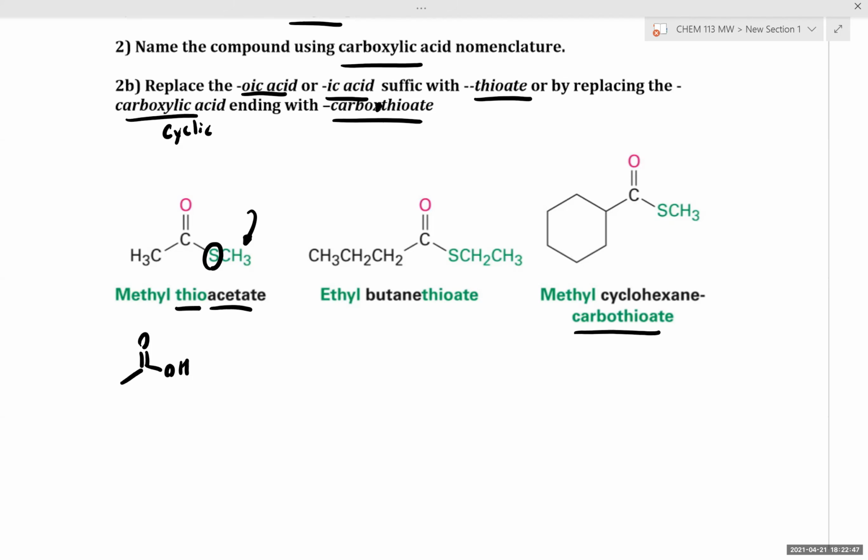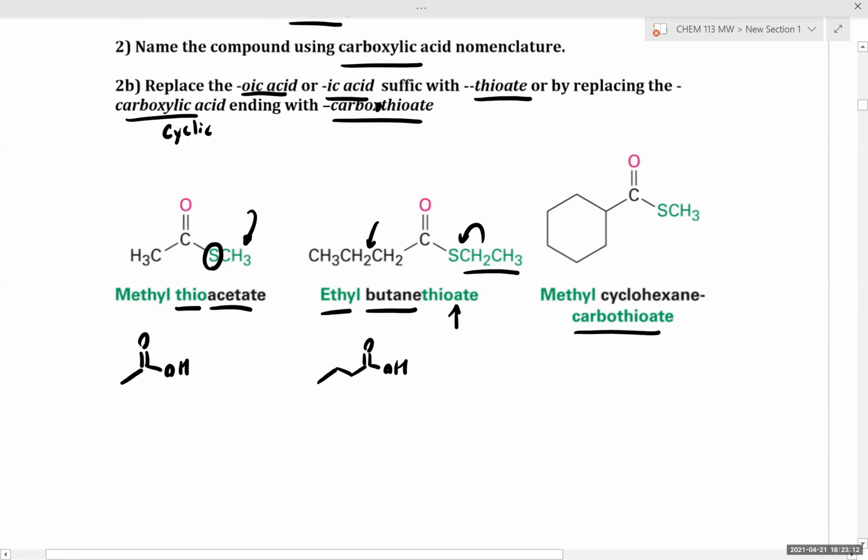Does that make sense to everyone? Another example is if we're looking at the derivative of butanoic acid, we have an ethyl group attached to our sulfur. So this would be ethyl butanethioate.